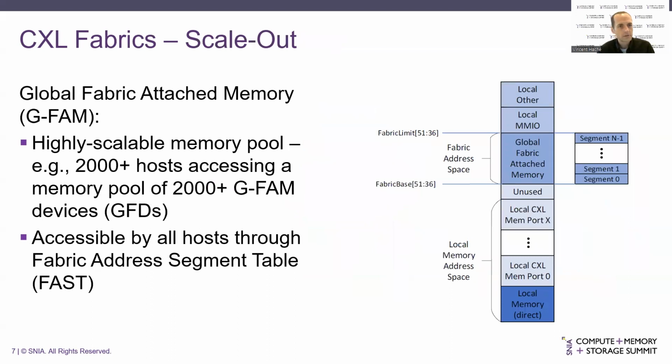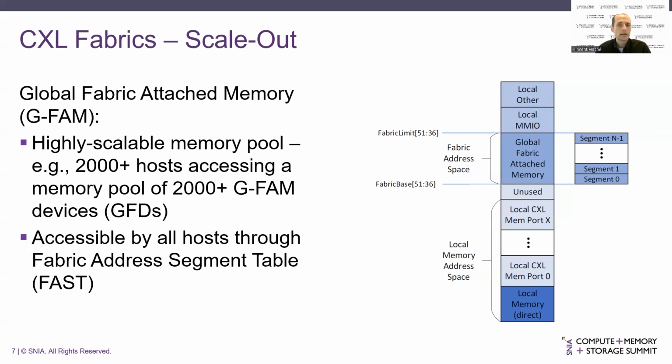For scale out, an additional technology called Global Fabric Attached Memory, or GFAM, was added. This is a highly scalable memory pool. I mentioned we have 4,000 IDs, so you can imagine a system of around 2,000 hosts, all simultaneously having access to a memory pool of 2,000 GFAM devices or GFDs.